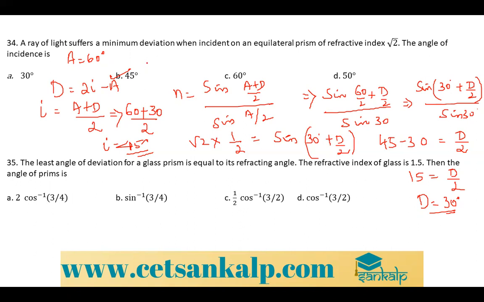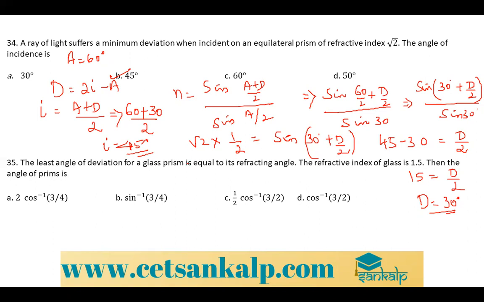The least angle of deviation for a glass prism is equal to its refracting angle.